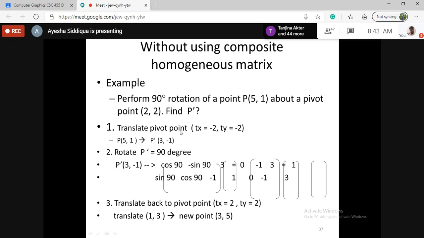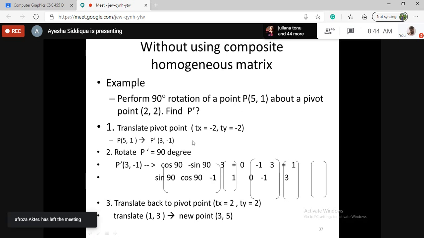Anyone have any question for this math? Miss, can you repeat step 3? First step is that you have to subtract this pivot point from the initial value.